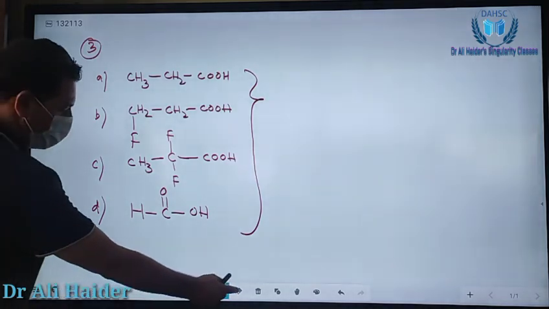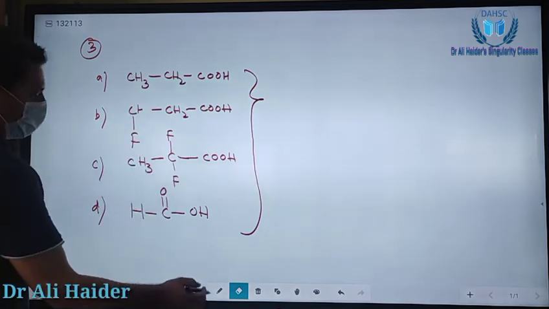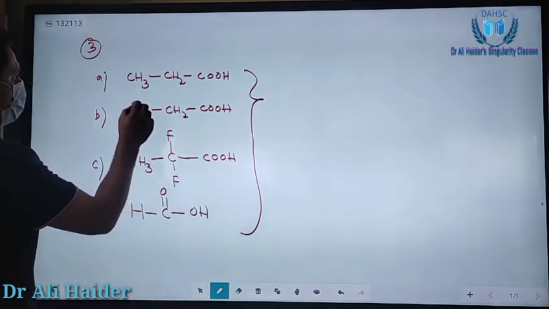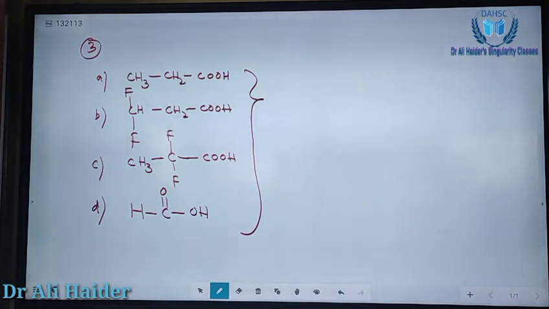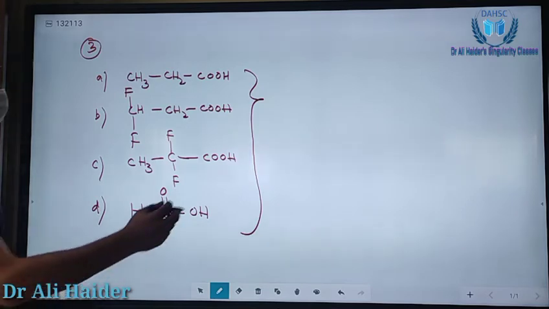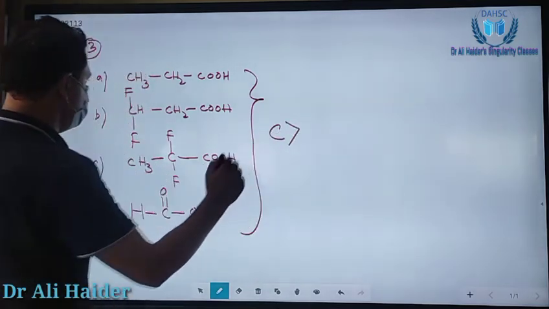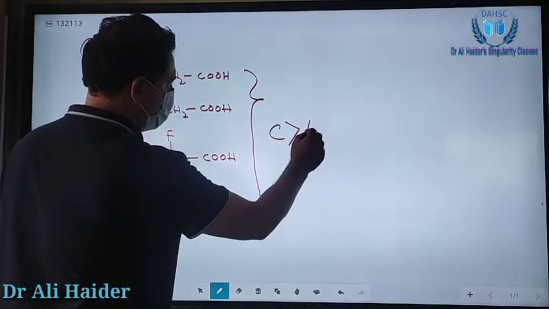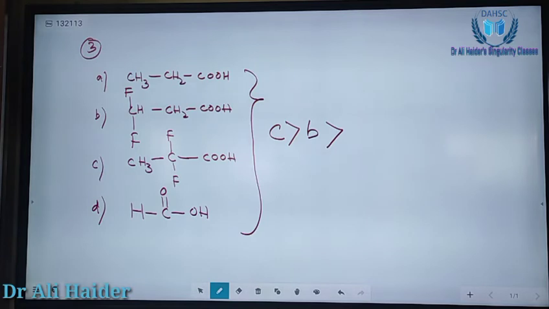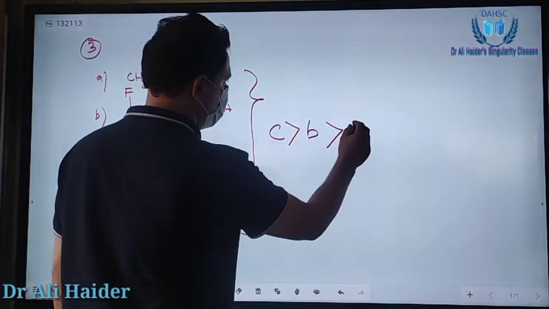Make one more correction here, so that you understand: here two, right? Now give the decreasing acidity of it. C is more acidic than B. Later you will explain it also. Fine. B, then D, then A.